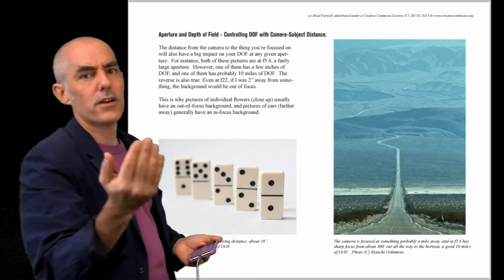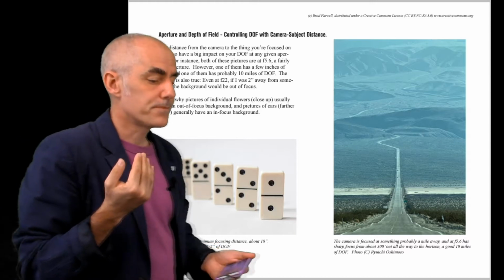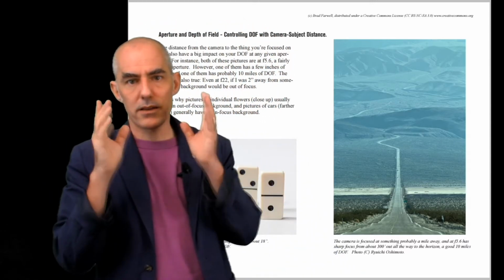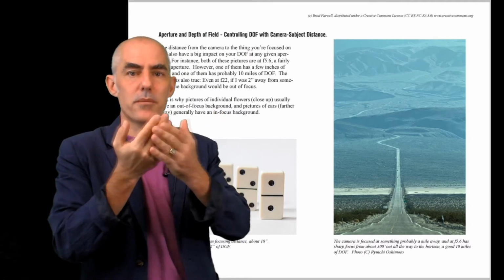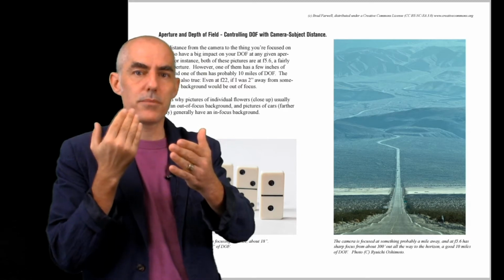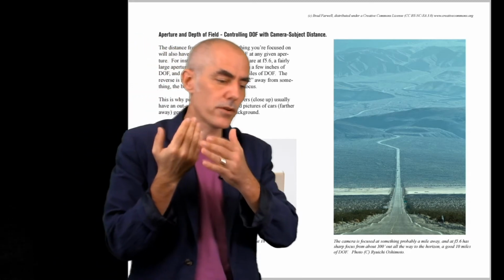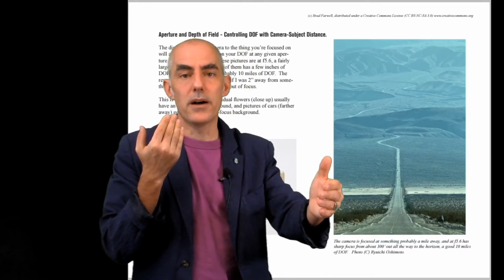camera distance, whatever it is we're taking a picture of. If I have my camera set up here and I'm taking a picture of a person, there's some amount of distance in front of the person that's in focus, and some amount of distance behind the person that's in focus.